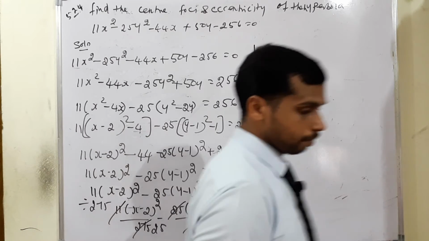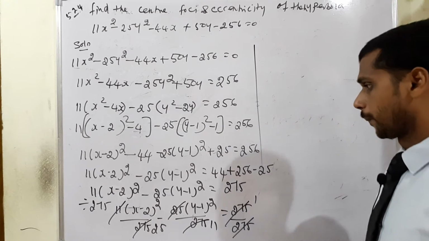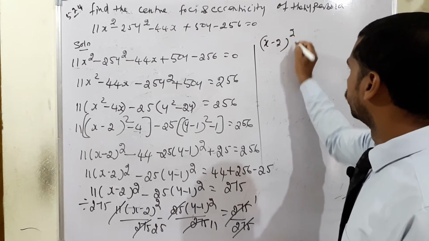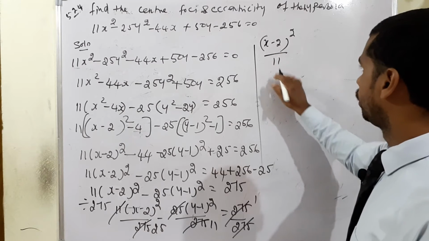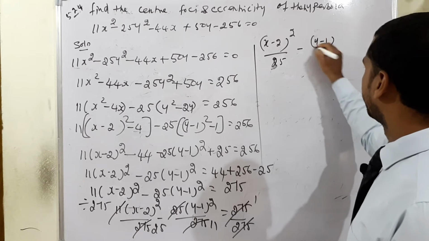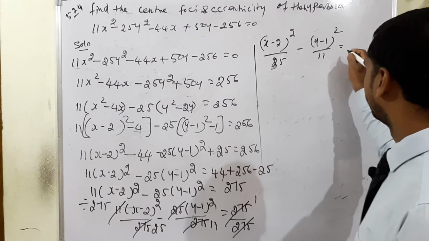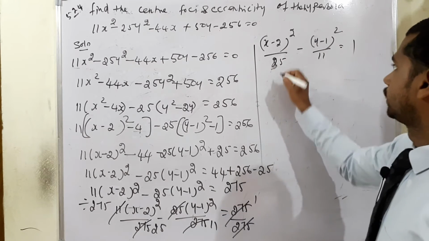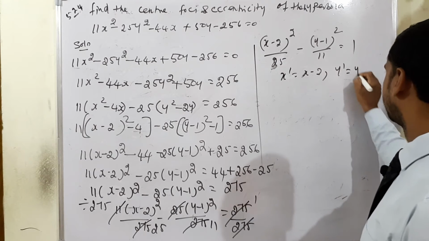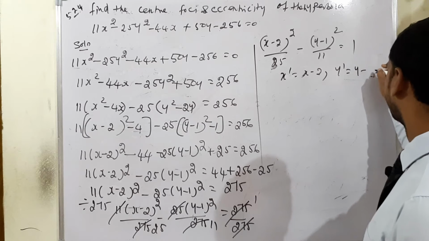So next step, x minus 2 the whole square divided by 25, minus y minus 1 the whole square divided by 11 is equal to 1. So consider x dash is equal to x minus 2 as well as y dash is equal to y minus 1.